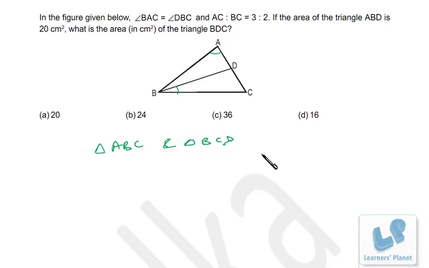So it's BC upon DC is equal to, and the side opposite to this will be AB upon BD is equal to the third side AC upon BC. Okay.